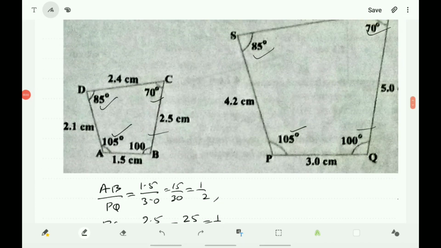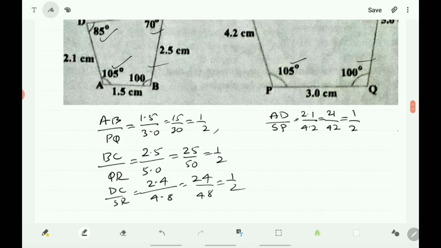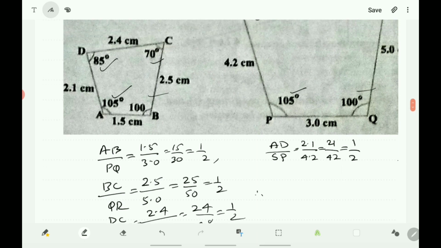Then you take AD by SP. AD is 2.1, SP is 4.2. That is 21 by 42. So 21 ones are 21, 21 twos are 42. Again you got 1 by 2 here. Therefore the ratio of the corresponding sides are equal, meaning the corresponding sides are in the same proportion.